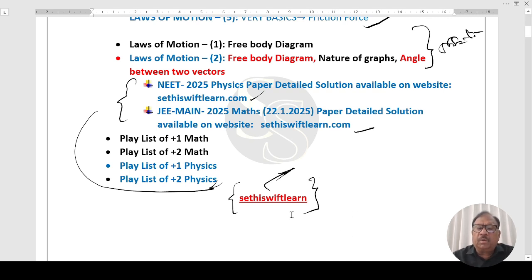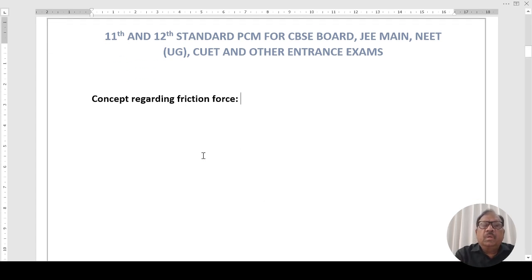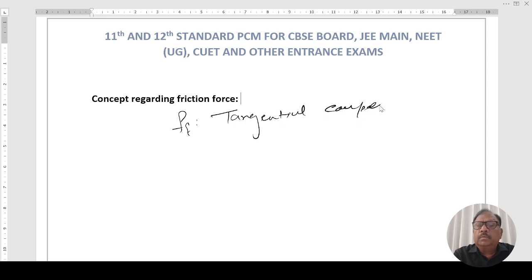Now let's start with the concept and questions. Concept regarding friction force. Friction force is the tangential component of the net contact force.